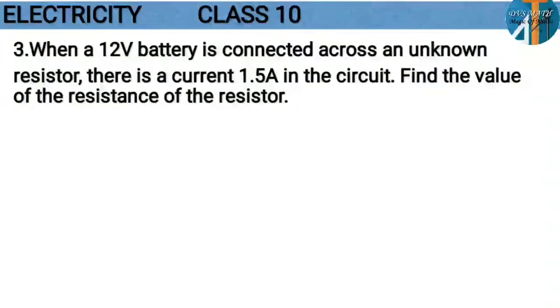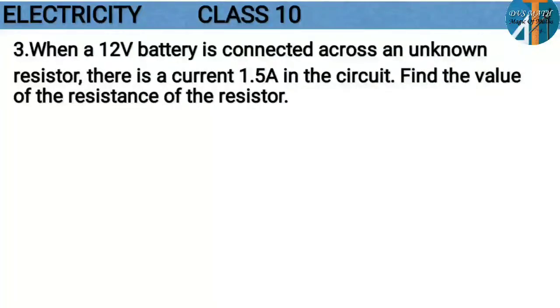When a 12 volt battery is connected across an unknown resistor, there is a current of 1.5 ampere in the circuit. Find the value of the resistance of the resistor. Here the 12 volt battery is nothing but the potential difference, that is V, 12 volt.